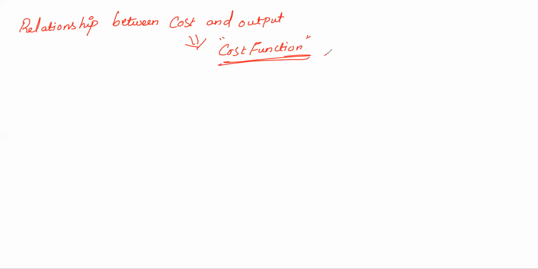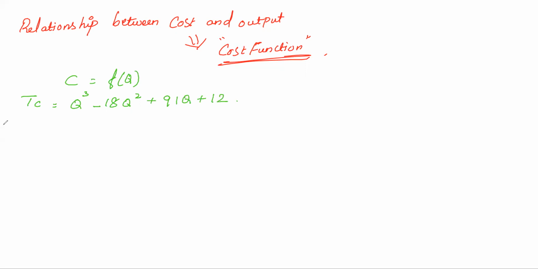So the cost function may be written as C is equal to f of Q. For example, TC is equal to Q^3 minus 18Q^2 plus 91Q plus 12.